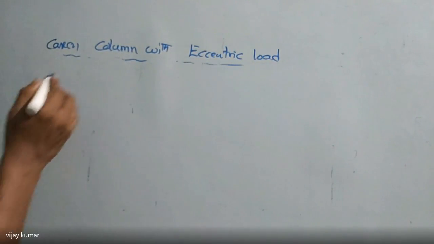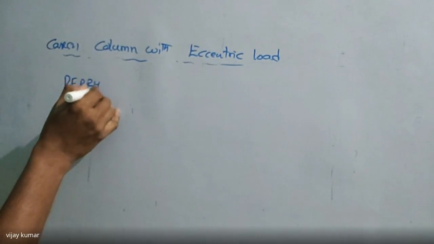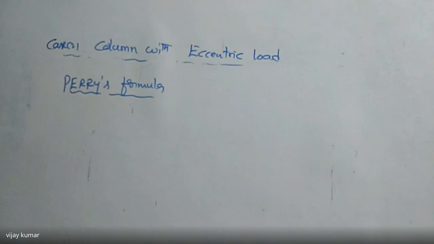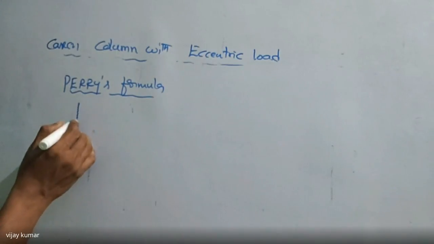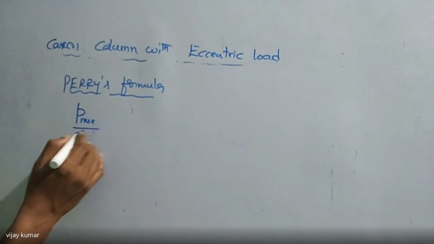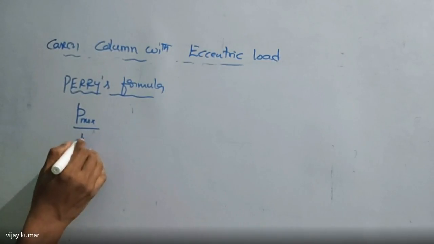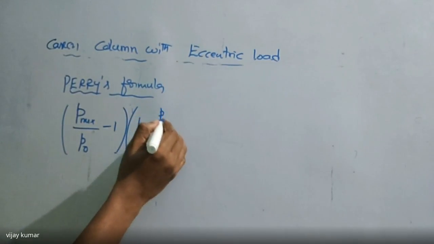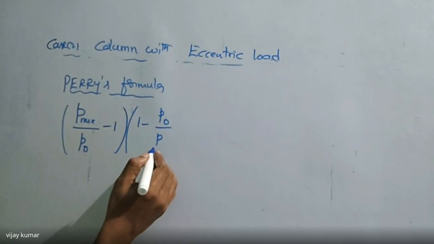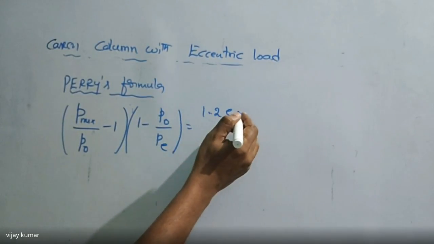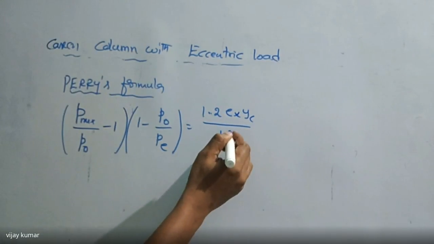I have not given the derivation part, so we can use this formula: P maximum, that is stress maximum, divided by P naught minus 1, into 1 minus P naught divided by PE, is equal to 1.2 into e into Yc divided by k square. So this is the formula.